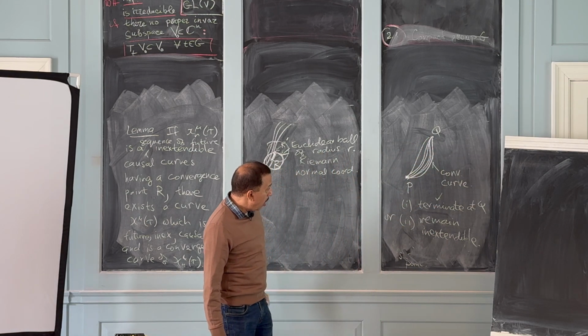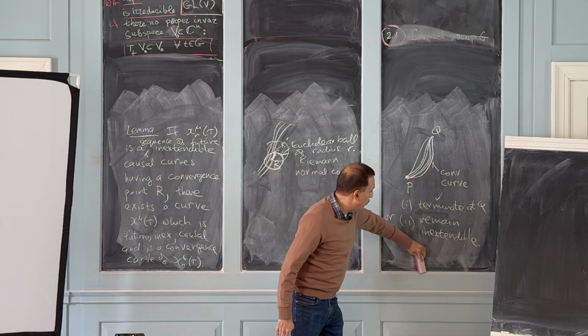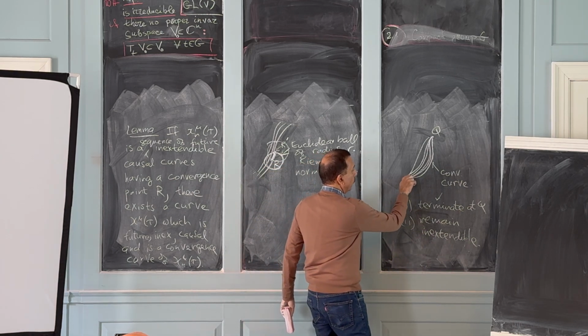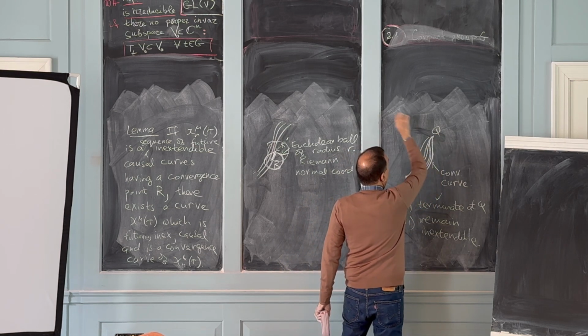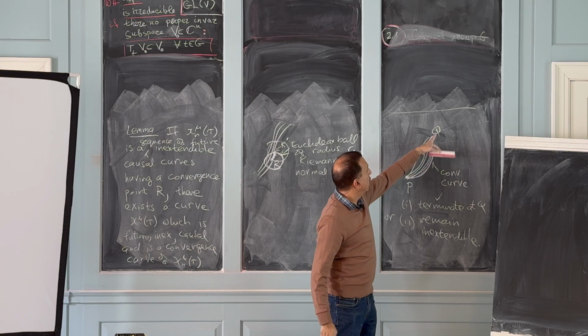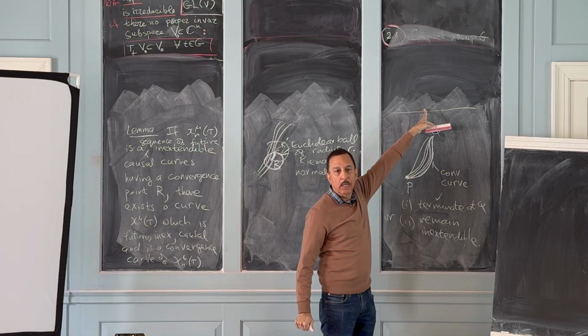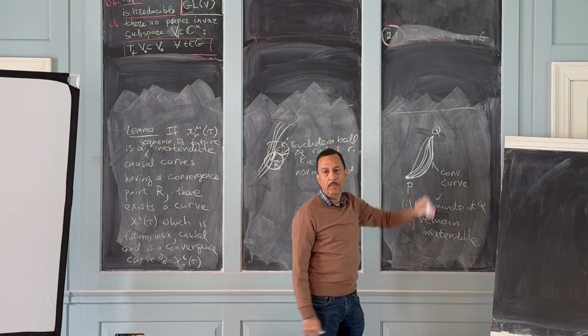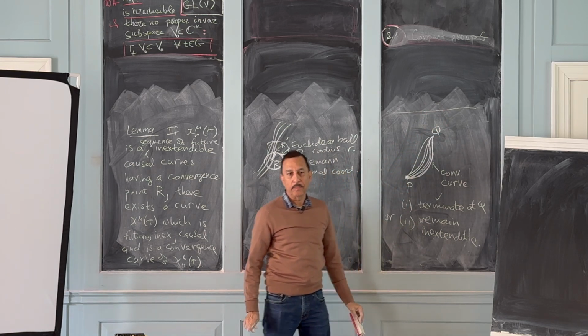Okay. Now I want to argue the last point, which is that option 2 is out, because if this curve is inextendable, and if I have a Cauchy hypersurface here, then this inextendable curve isn't going to pass through the Cauchy hypersurface. But then that's not a Cauchy hypersurface, and my spacetime isn't globally hyperbolic.